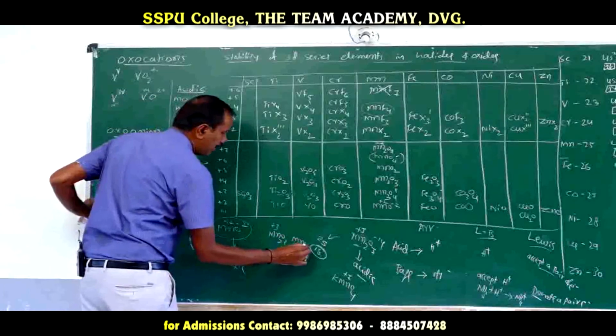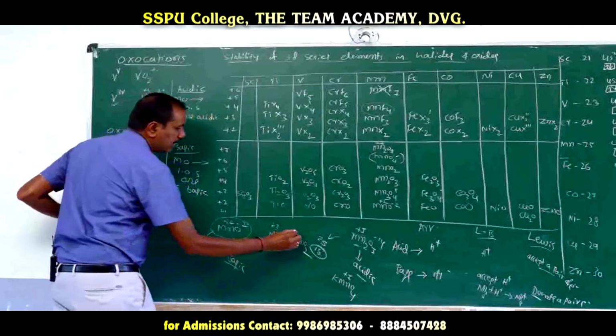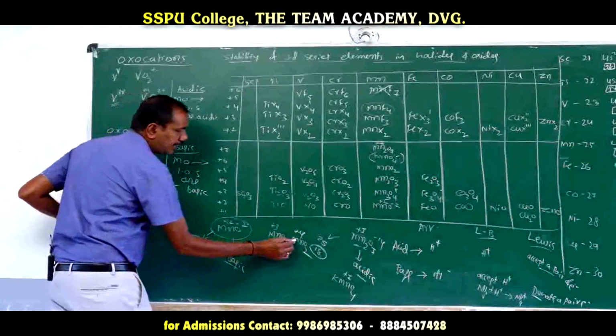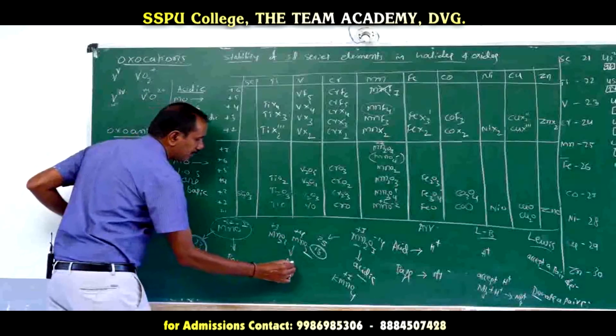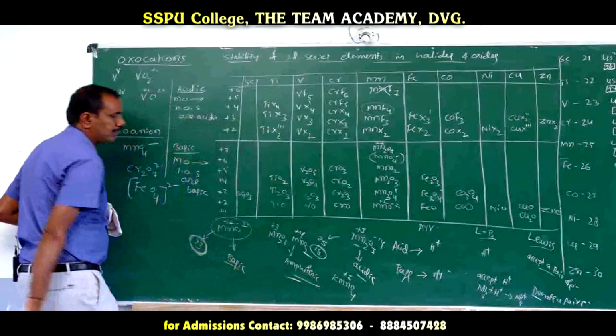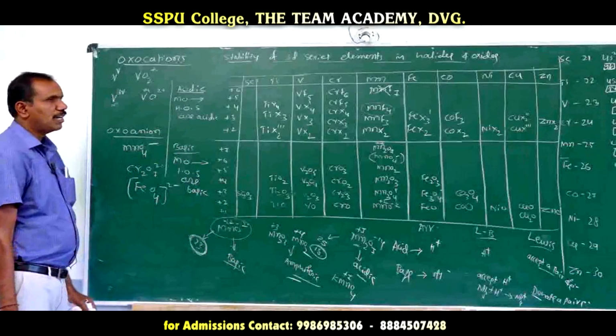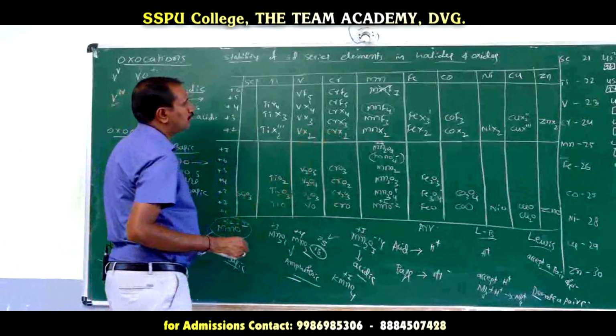If you go for MnO2, Mn is +4. Whether it is acidic or basic, it is an amphoteric substance. MnO2 is an amphoteric substance. Like that, we will go for chromium compounds.